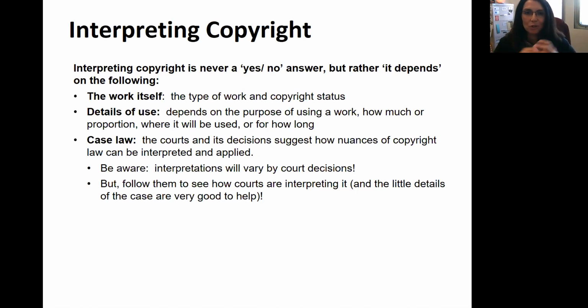But it's good to know the nuances that they look at to help guide you with the copyright question. And also it's good to follow them to see how the courts interpret it, because they do change with time, and the little details that come up in the case are very good to help you with interpreting copyright.